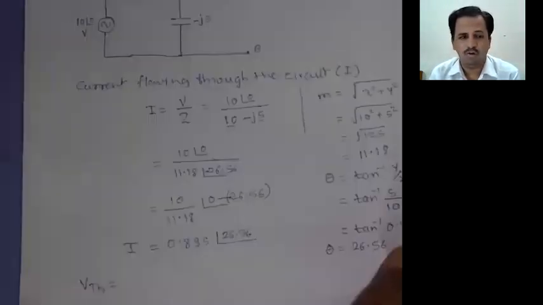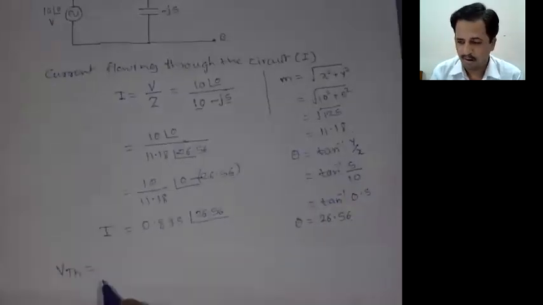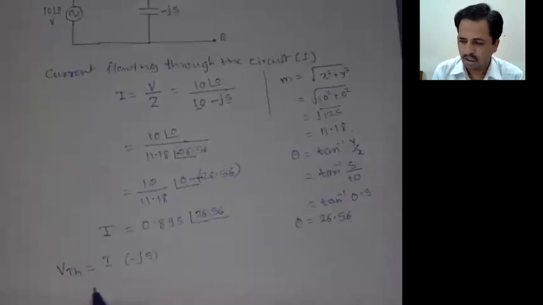Now this Thevenin equivalent voltage is represented as VTH equal to I into J minus J5. Now what is I?